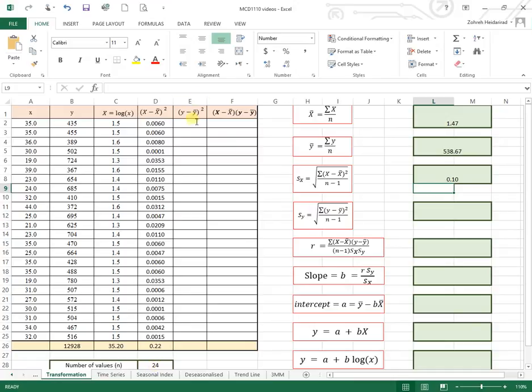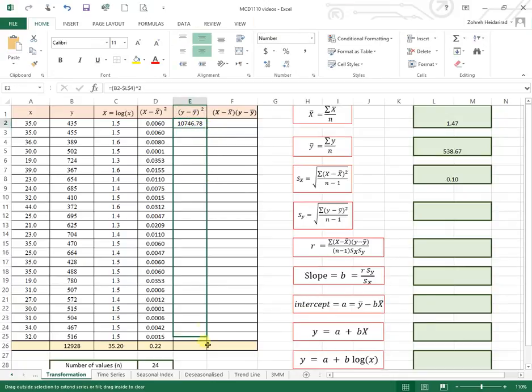Now for calculating the standard deviation of y, similarly we need to calculate y values minus mean of y values to the power of 2, and then we have to fix the address of the cell which includes the mean of y values. In order to have an absolute cell, we put $ before and after letter L. Now ready to drag this down.